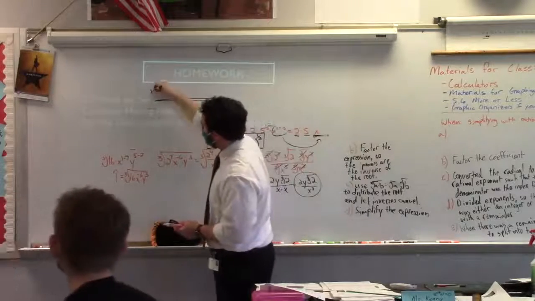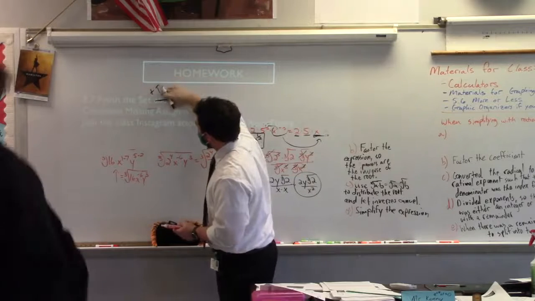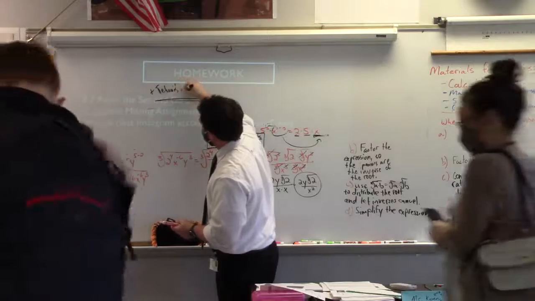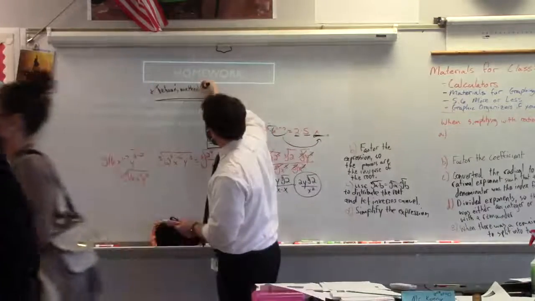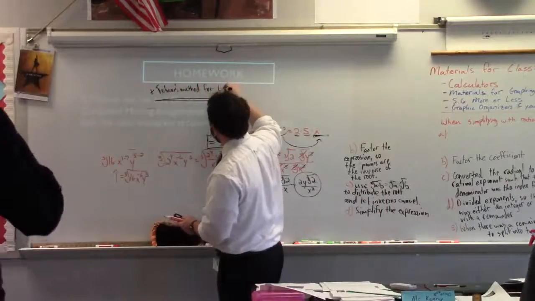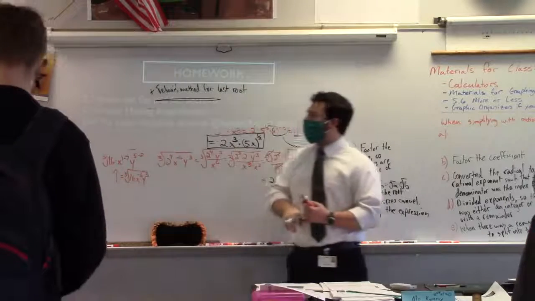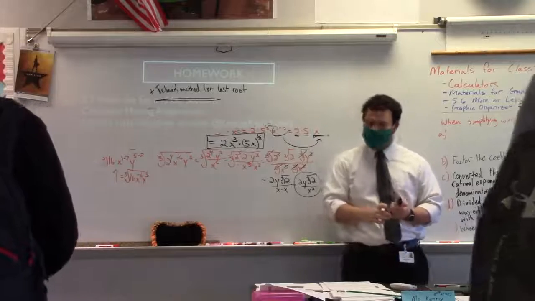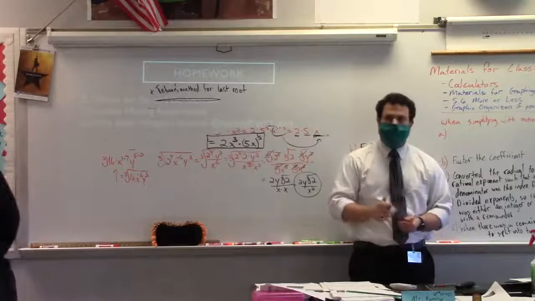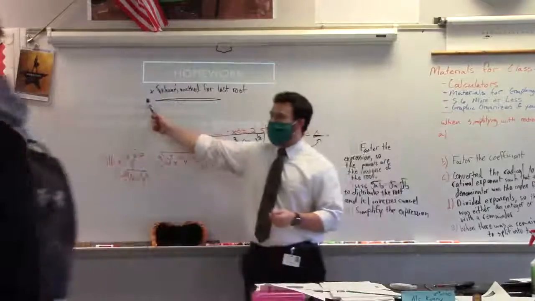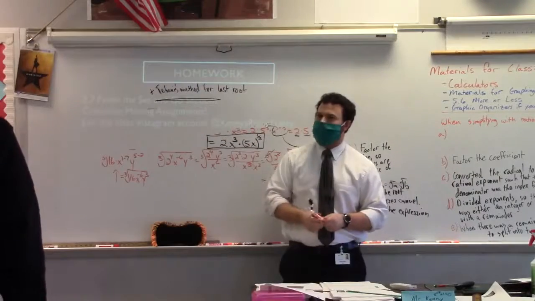Finish the set section and Tahani's method for the last root. So you need to finish the set section and do Tahani's method for homework. Brayden, since you don't have this, don't worry about that, but try Tahani's method for that last root.